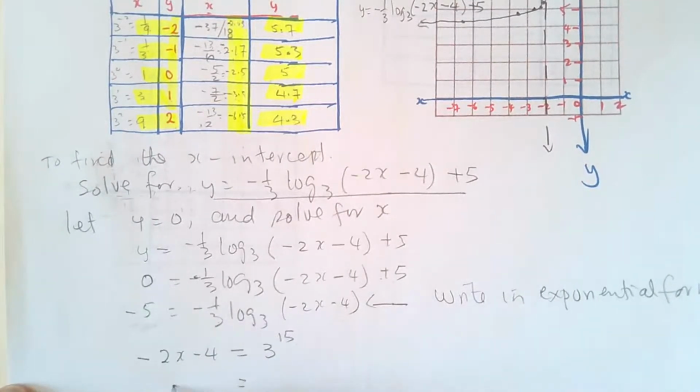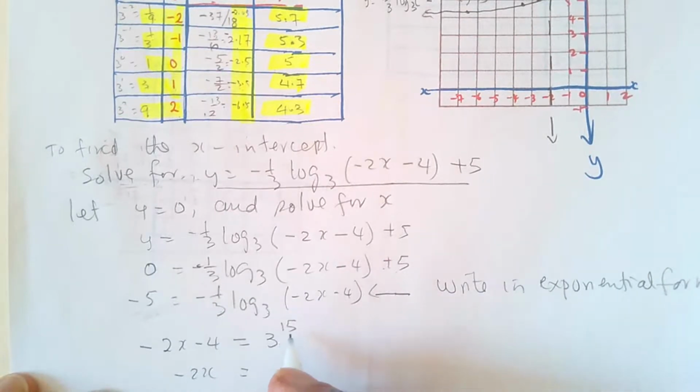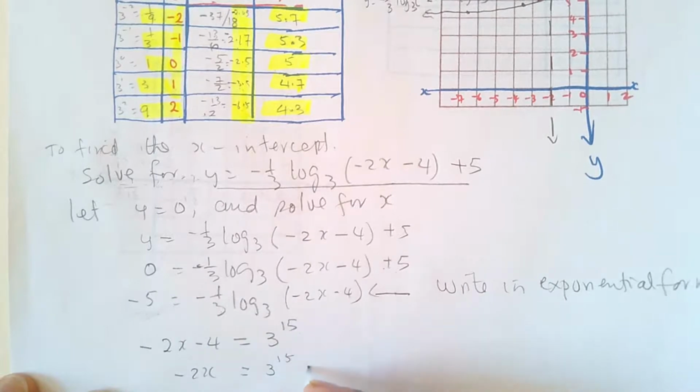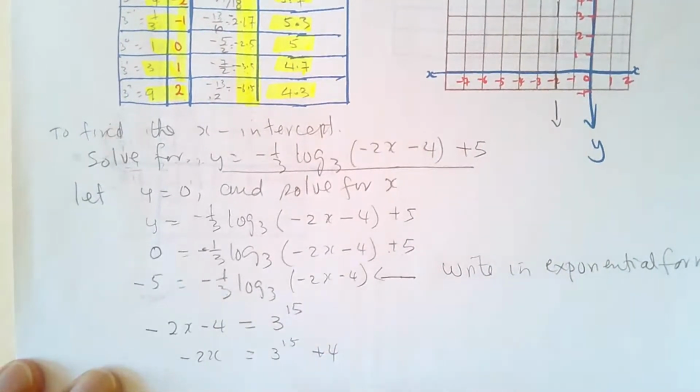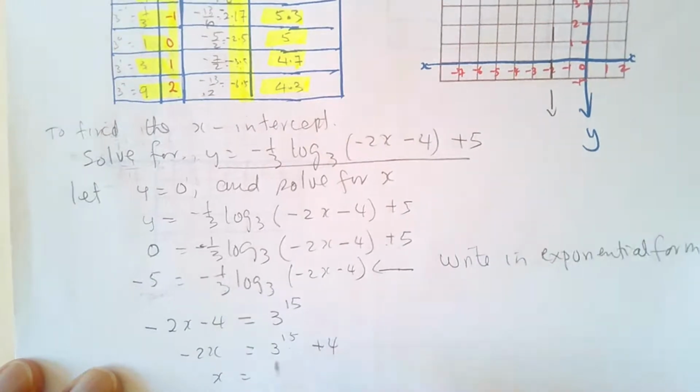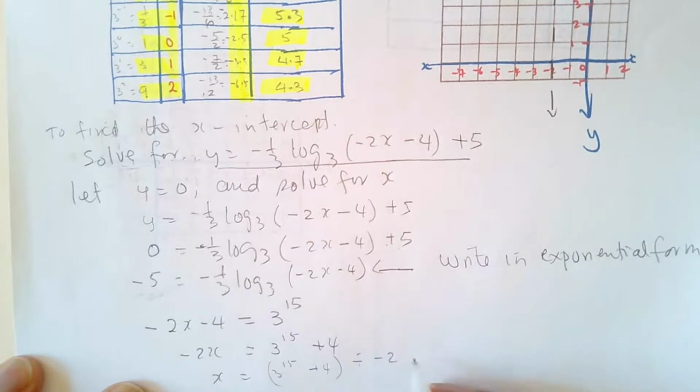So we have negative 2x is equal to this huge number here plus 4. So x is 3 to the 15 plus 4, divided by negative 2.